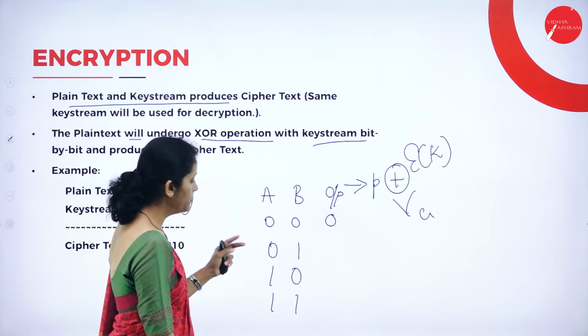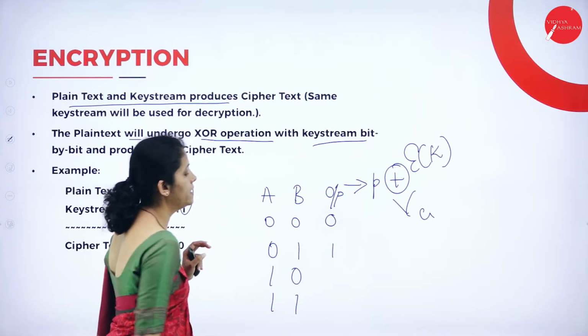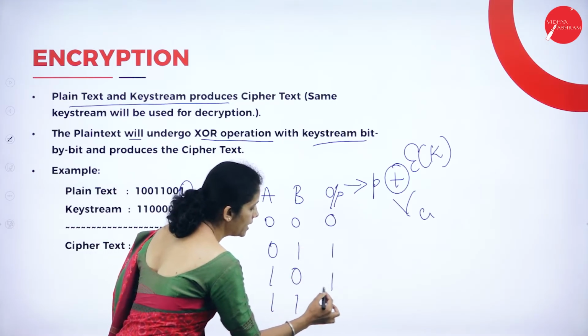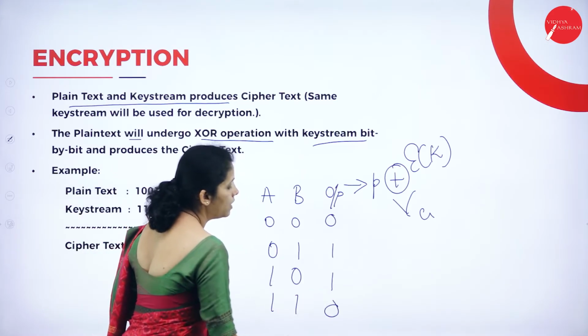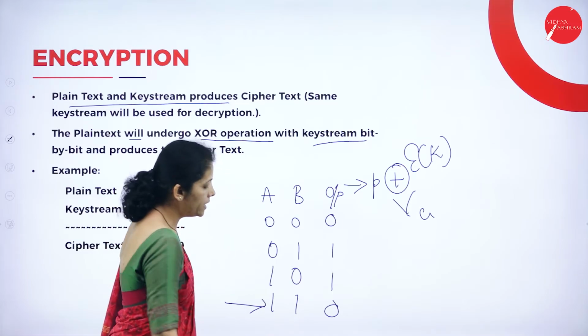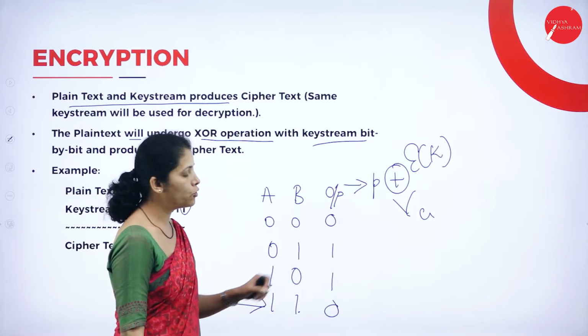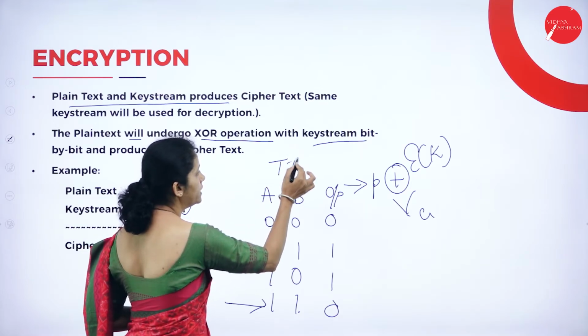When any one of the inputs is high, the output is high. Here also the output is high. When both the inputs are high, the output is 0. So this is the XOR gate truth table.